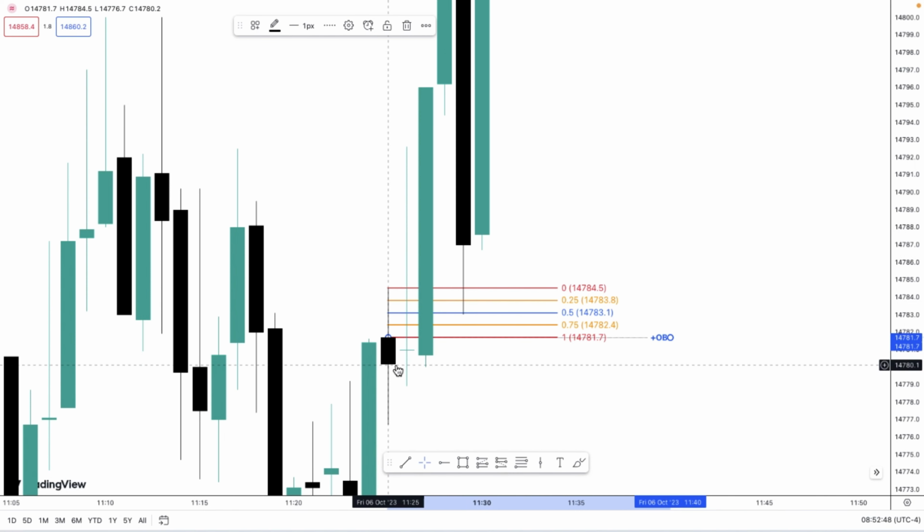Then we have the closing price of the order block. Then this order block has a tail, it has a wick. When I'm referring to wicks, the midpoint of the wick is the consequent encroachment. So price trades to the consequent encroachment of the wick of the order block.